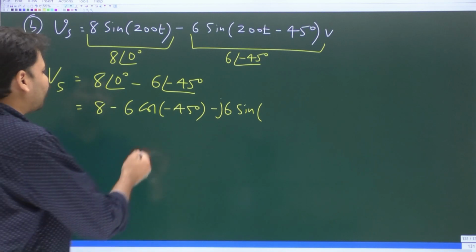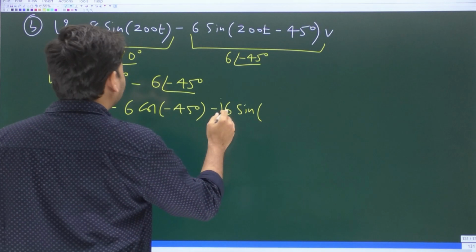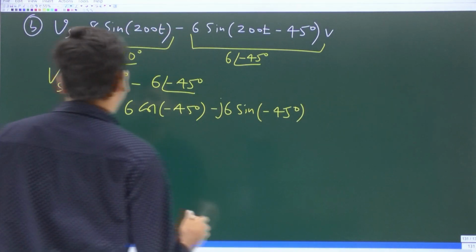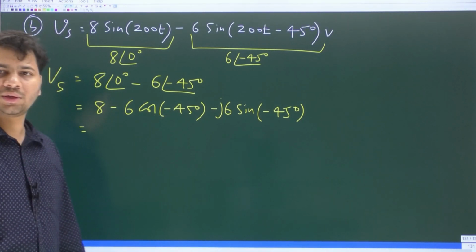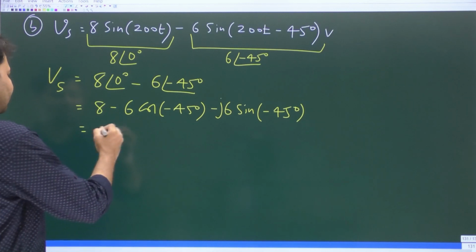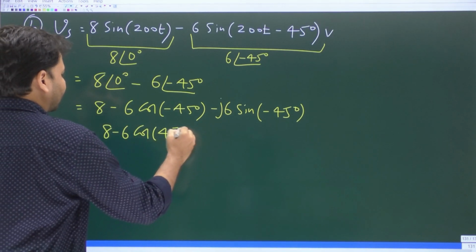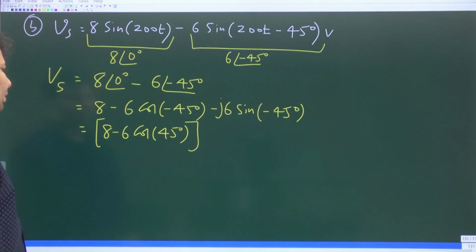So minus 6 cos minus 45 degrees minus j6 sine minus 45 degrees. Cos minus 45 degrees is same as what? Cos plus 45 degrees. So it will be 8 minus 6 cos 45 degrees. This is like the real part.